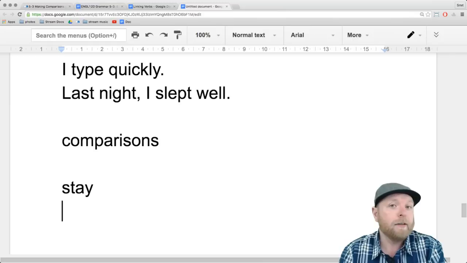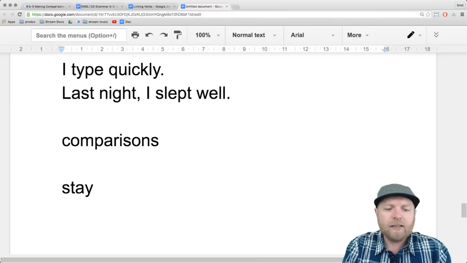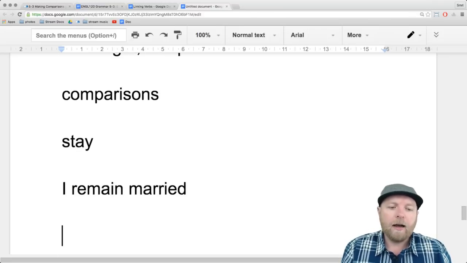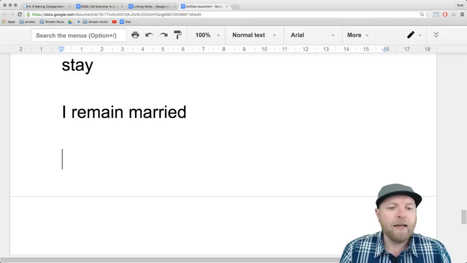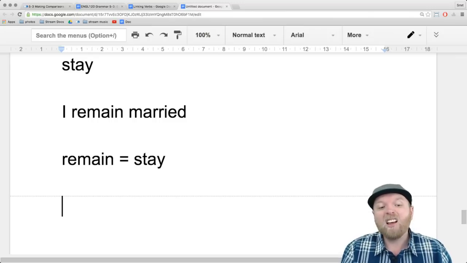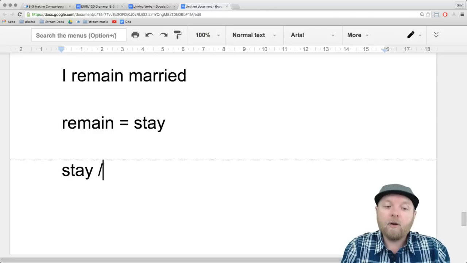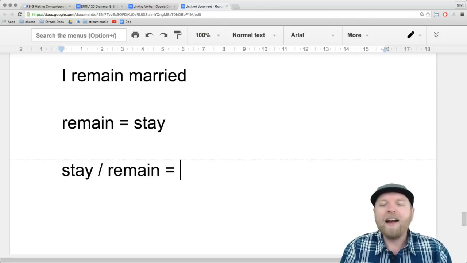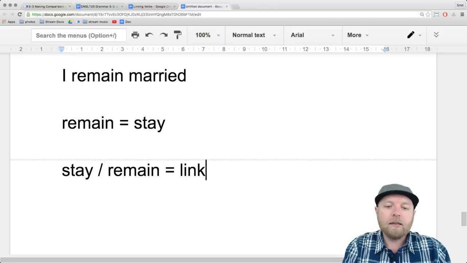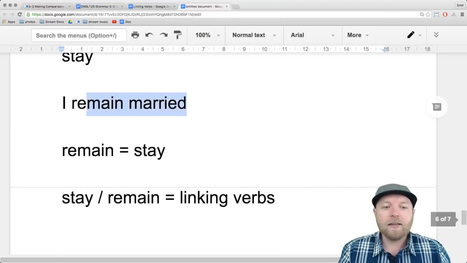But Kashan in Miss Herbert's class asked, can we say remain married? Can we say this? And Kashan, thank you for the question. What does remain mean? Well, remain means stay. So actually, stay or remain, they're kind of the same meaning, and they are linking verbs, right? So Kashan, you can say this.